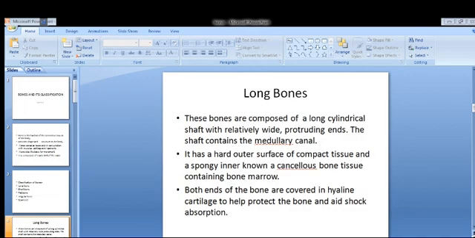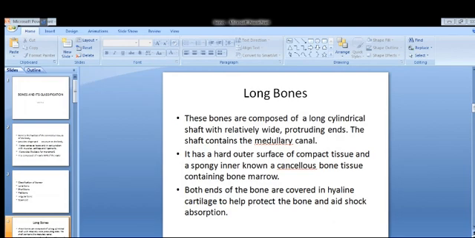So it has to be protected, because with every movement there will be friction. And when we are performing any movement, there might be a shock also, a jerk also. So to protect the upper end or the lower end which is forming the joint, the hyaline cartilage is present for the purpose of protection.